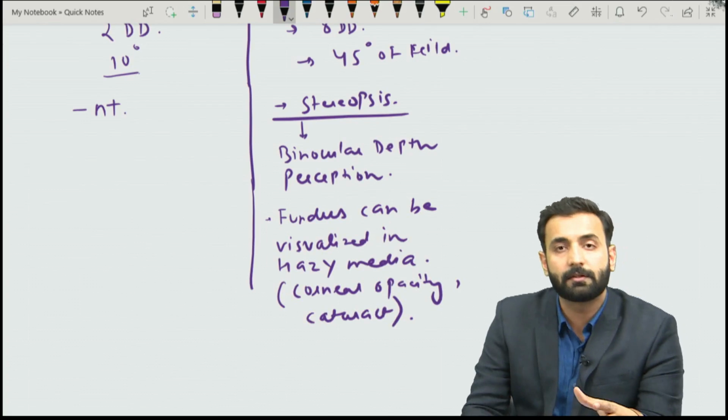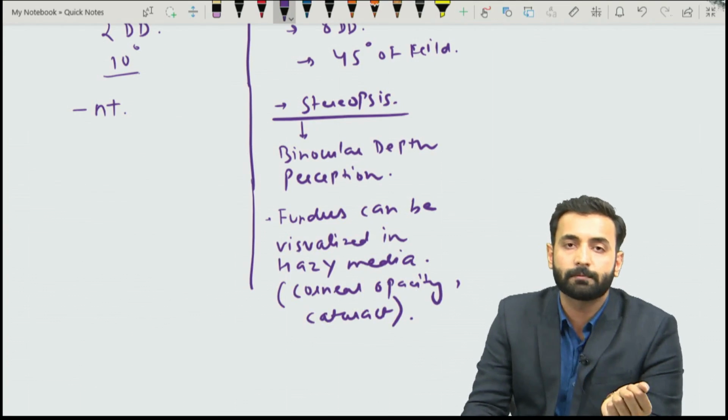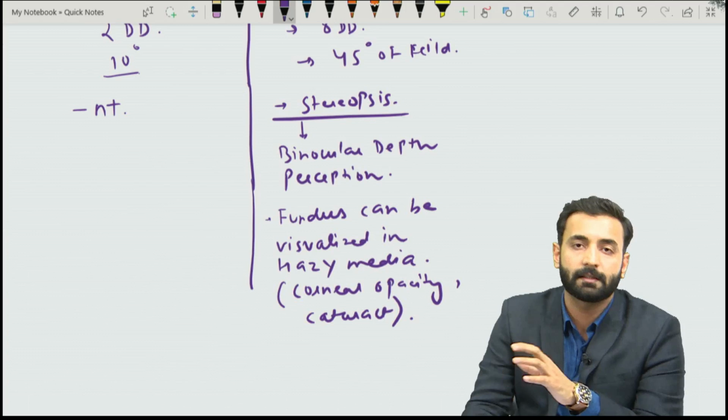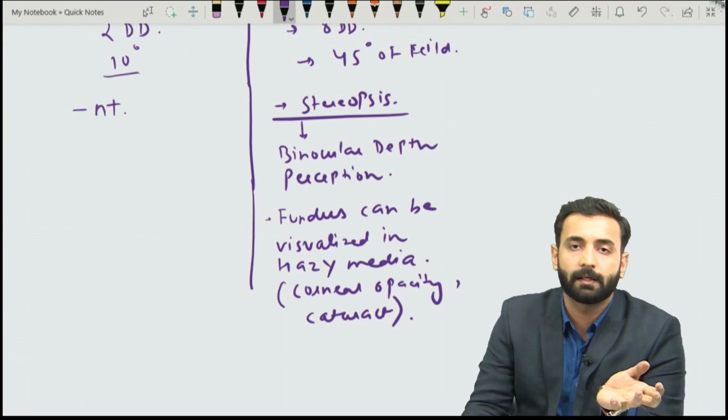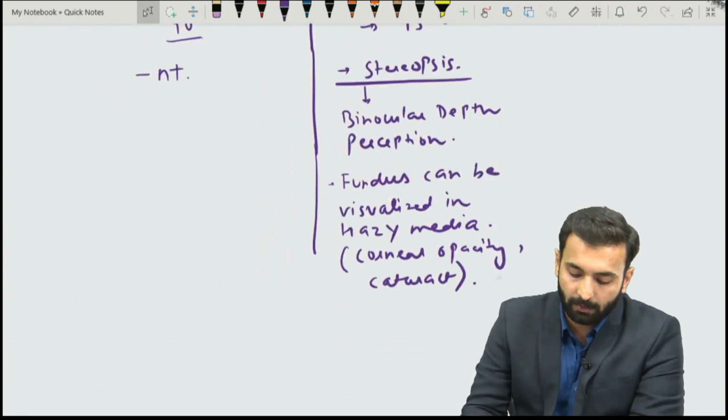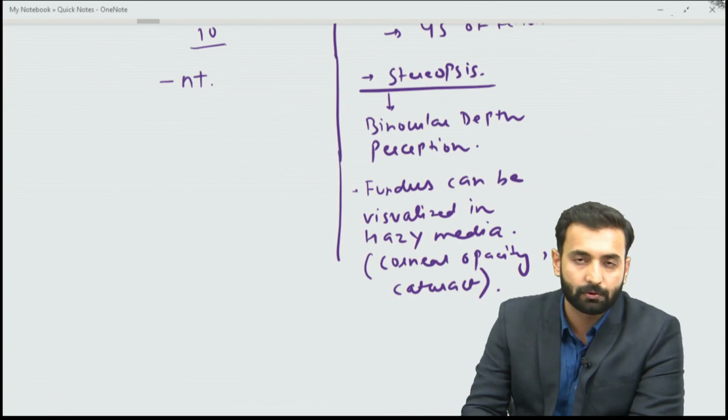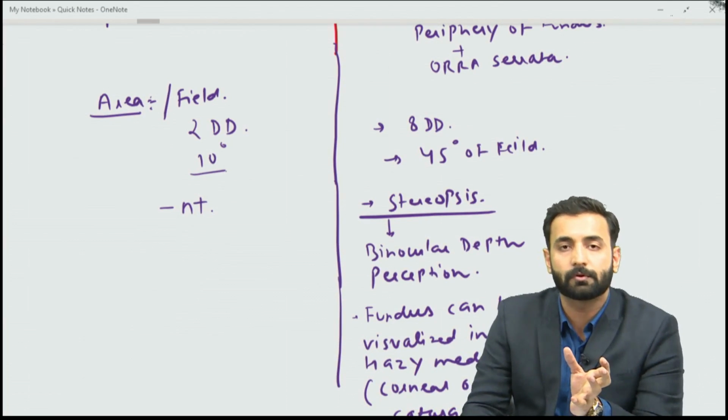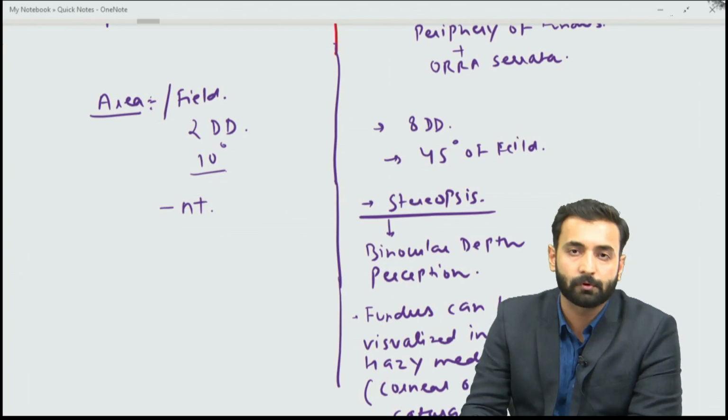In such conditions the fundus can be visualized by indirect ophthalmoscopy, whereas it is difficult or not possible in direct ophthalmoscopy, right? So these are the basic differences you should know.